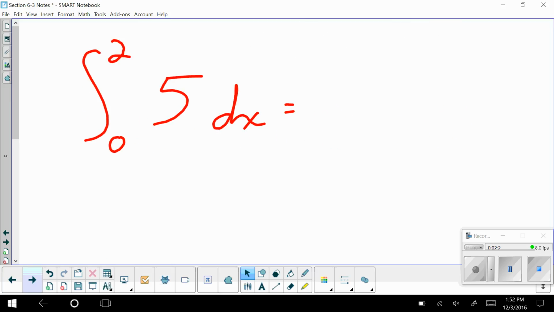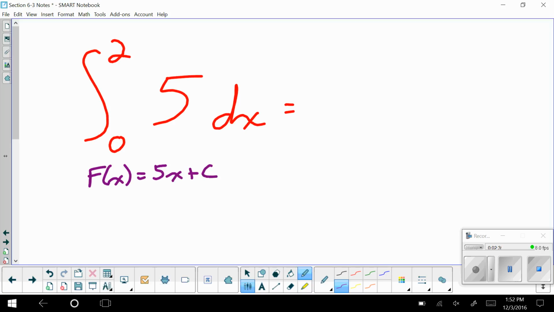So for example, the integral of 5. Well, if we do the antiderivative of 5, that would be 5x plus c. So when I actually calculate this, I want to take the antiderivative, plug in 2, my upper bound, plug in 0, my lower bound, and subtract those.